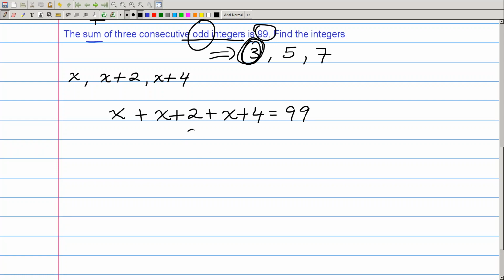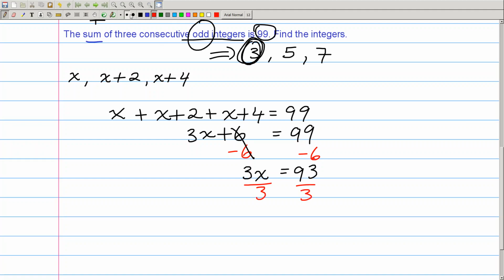So I have 3x plus 6 equals 99. Then all you have to do is opposite operations, and I get 3x equals 93. Then all I have to do is divide both sides by 3, and I get 31.